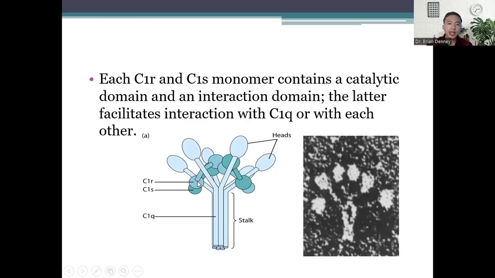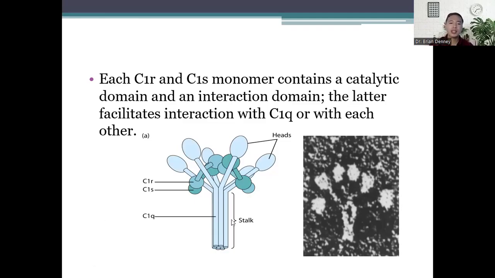The catalytic domain causes activation of the next complement protein to be activated, whereas the interaction domain is the domain which interacts with the other complement proteins. So your C1R and C1S has catalytic and interaction domains. And what happens then?